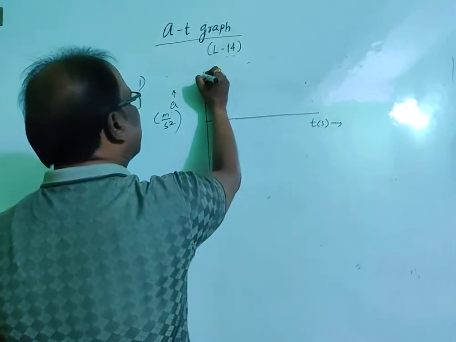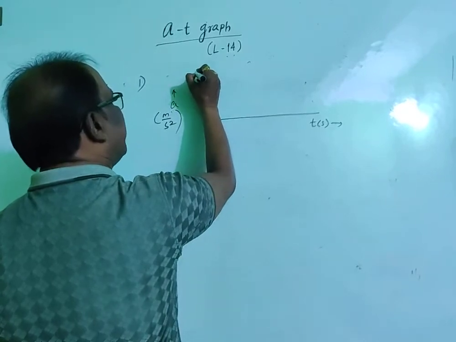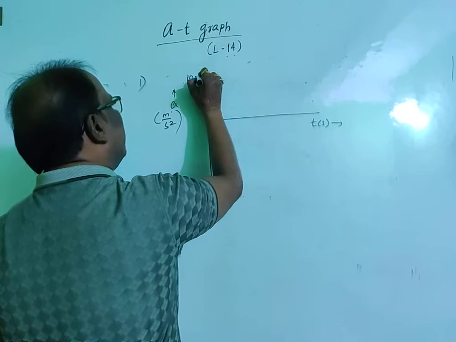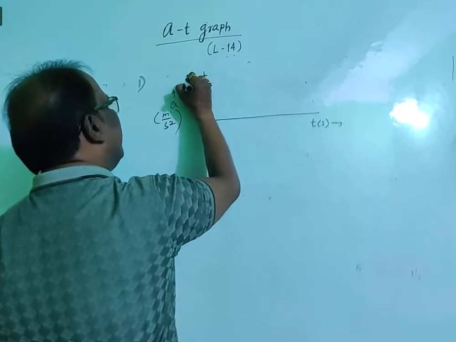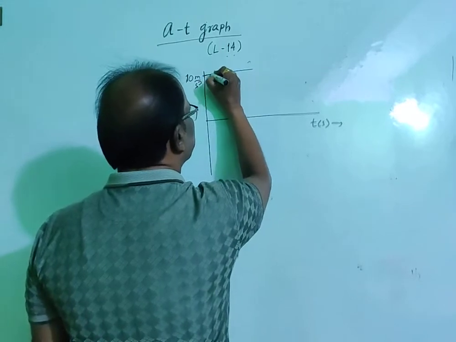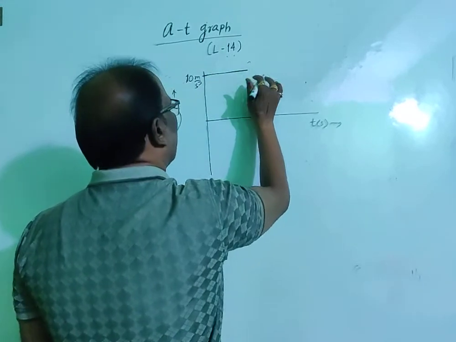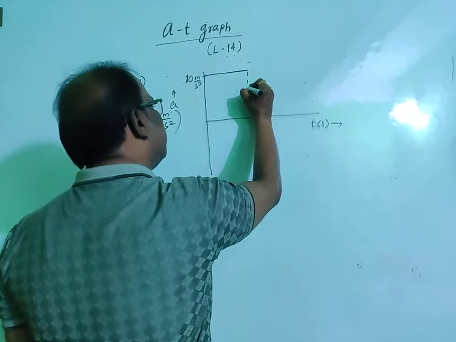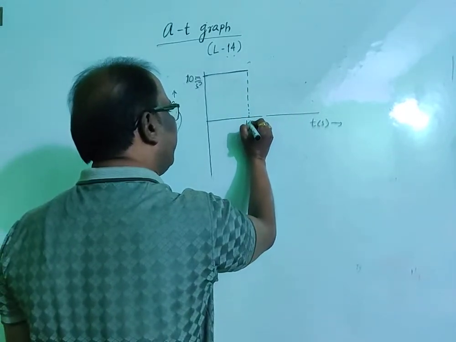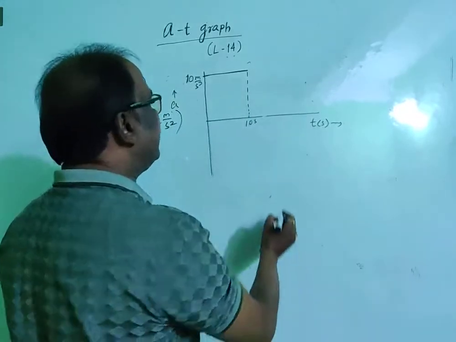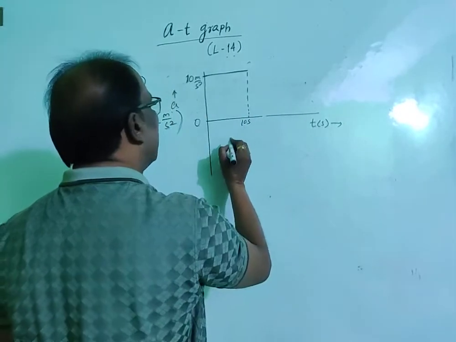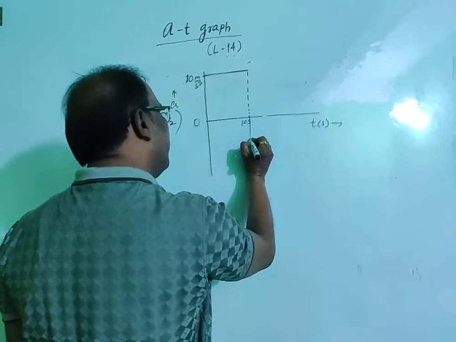Here acceleration is 10 meter per second square. Acceleration is constant up to time 10 second. Here time is 0 and acceleration is 0.